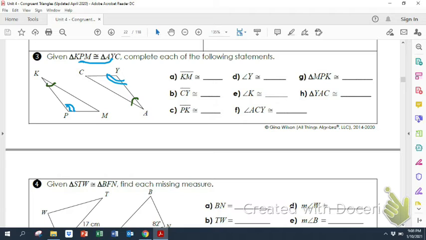And then the last angle is angle M. I'll give it 3 lines. Angle M is congruent to angle C.